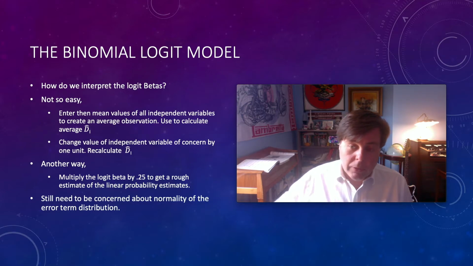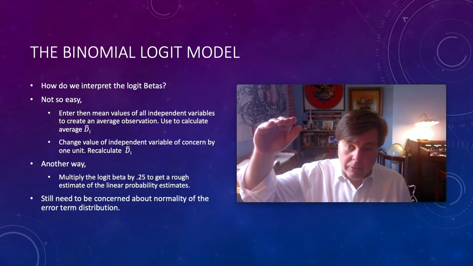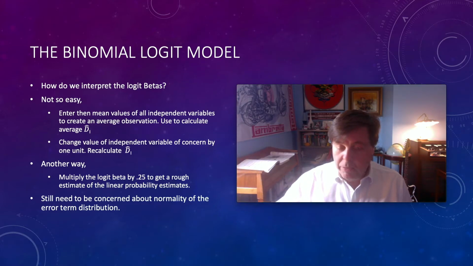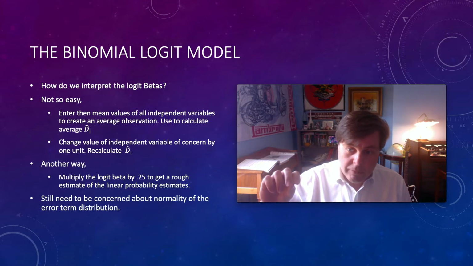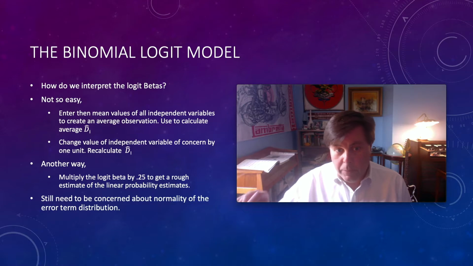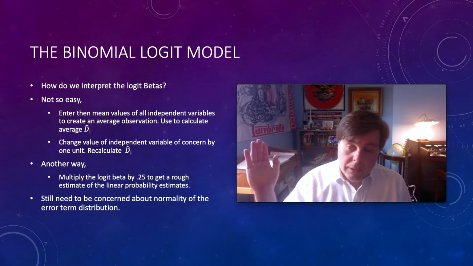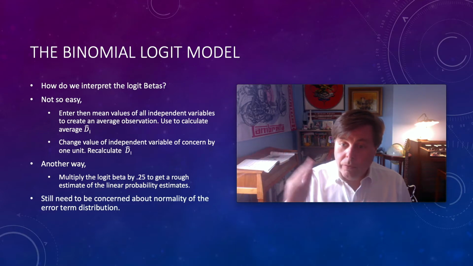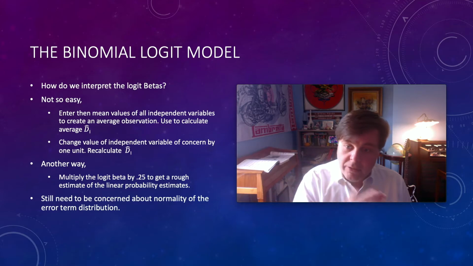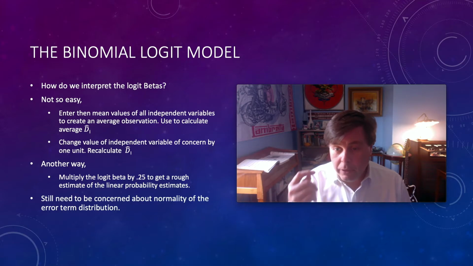So if we have x1, x2, x3, we take all the observations of x1 and take the mean value, all the observations of x2 and take the mean value, and so on for all of our independent variables. Then we calculate the estimated value of D, and we arrive at an average value of D.